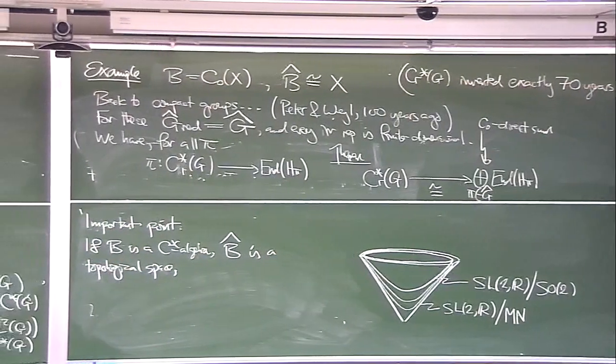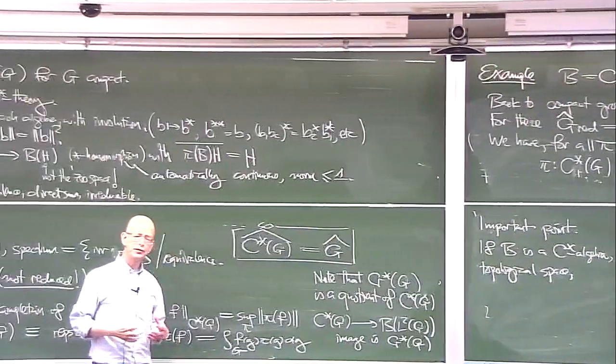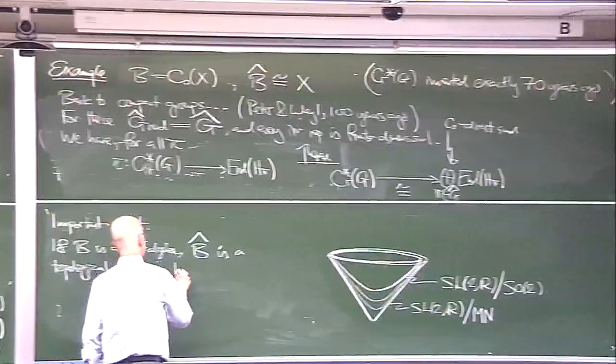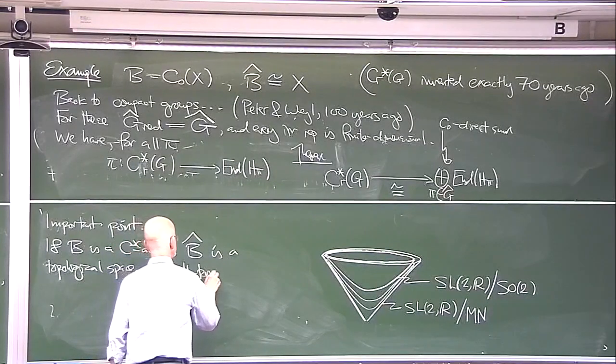And one of the nice things about C-star algebras is that there's a very simple way of describing this topology. It's called the hull-kernel topology.